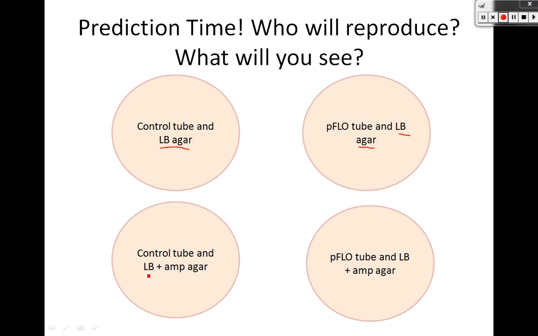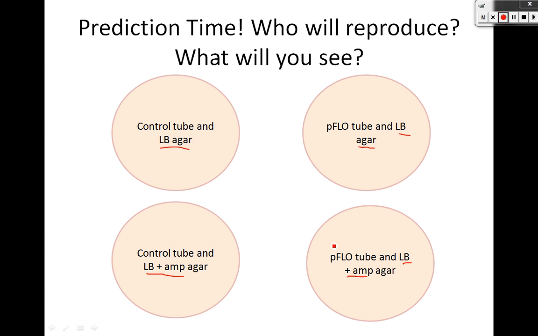Then you're going to have 2 plates that have the LB, the Luria broth, plus ampicillin, okay? And same thing, you're going to put 100 microliters of the control tube E. coli on your LB and ampicillin agar, and then 100 microliters of the pFLO tube on your LB and ampicillin agar plate, so the 4th plate there.